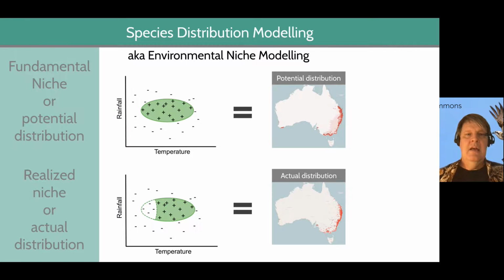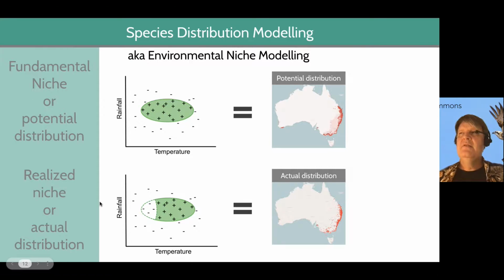So there's a lot of things to think about in what makes a species live in one place versus another. And I just want to highlight that a lot of the species distribution modeling that you can do within EcoCommons is looking at this fundamental niche or the potential distribution. So these are all the conditions where the species could be found in environmental space. You know, the amount of rainfall and the amount of temperature where that species occurs includes all of this shaded area, right?